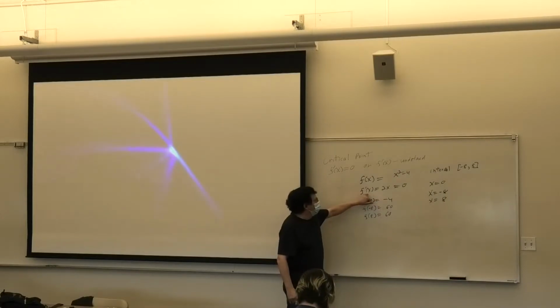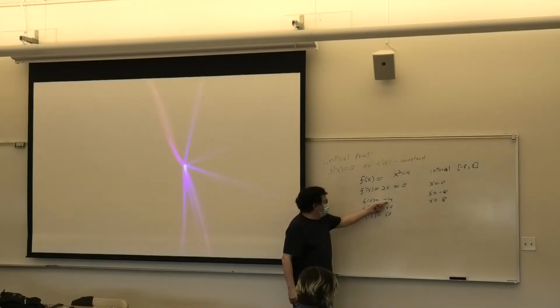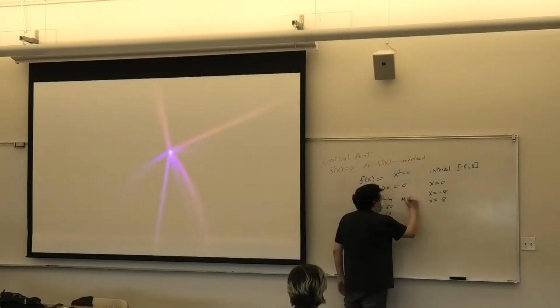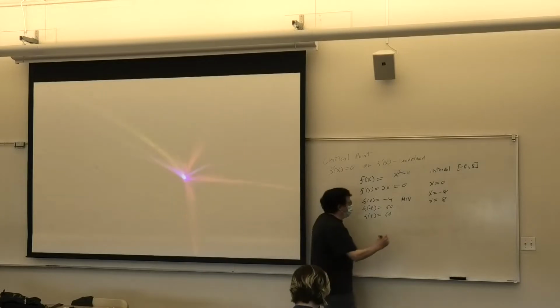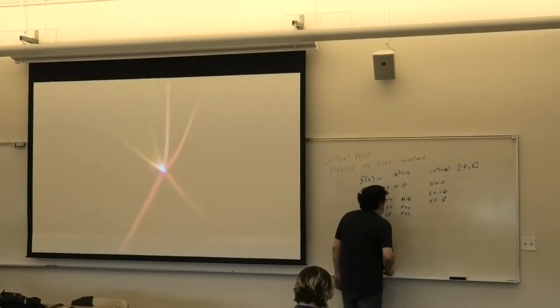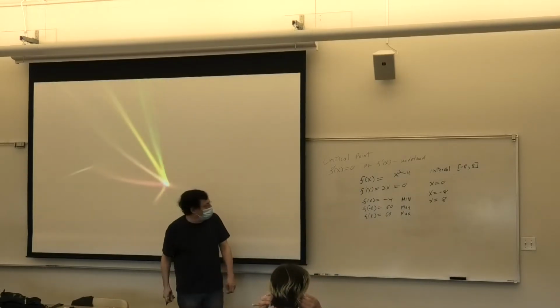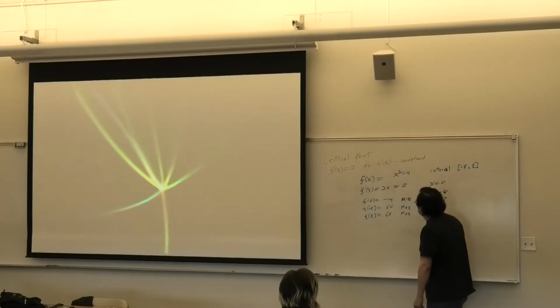The second derivative is 2, which is positive, so this has to be a minimum. And these are clearly the maximums. Professor, did you plug the negative 8 into the f of x equation? Yeah, 64 minus 4.